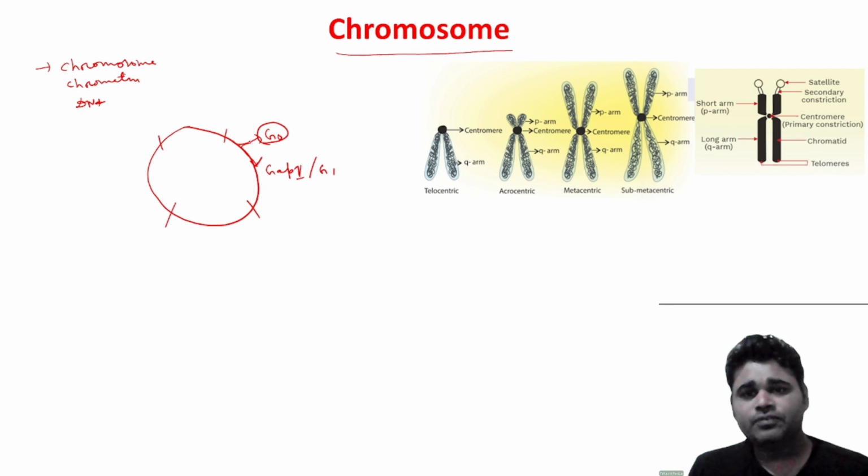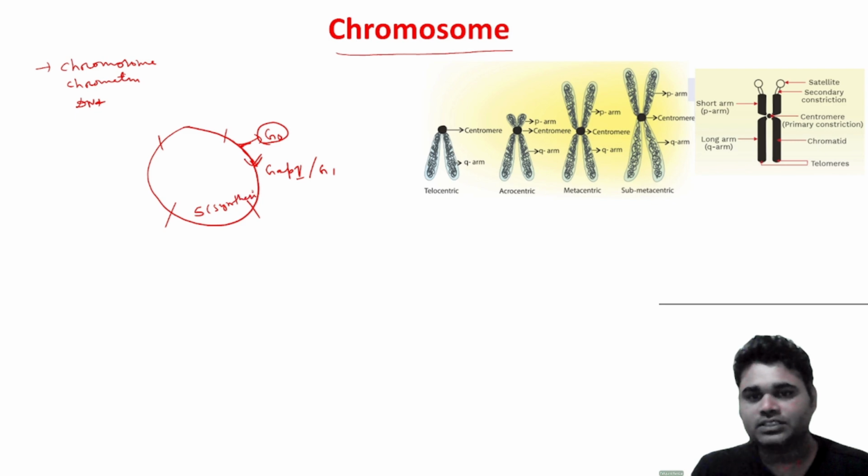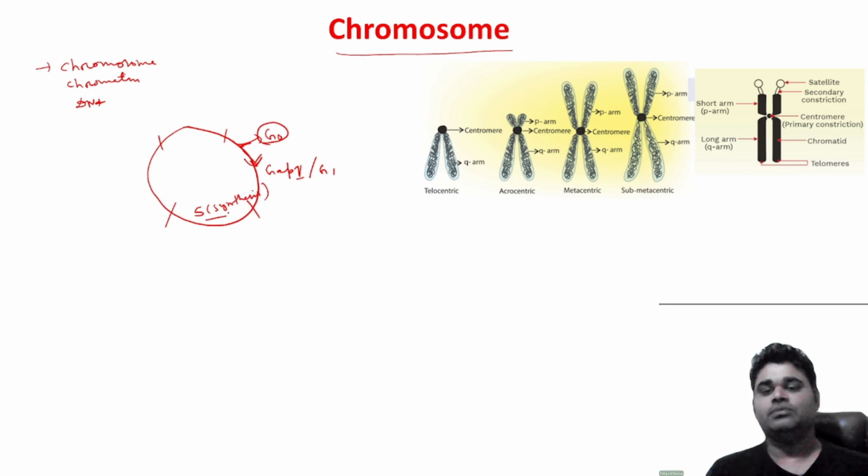Now if the cell wants to divide, it leaves G0 and transfers to G1. After gap 1 there is a phase called the S phase. S stands for synthesis. Why is it called the synthesis phase?